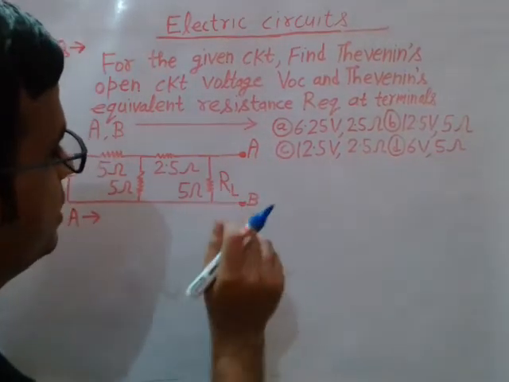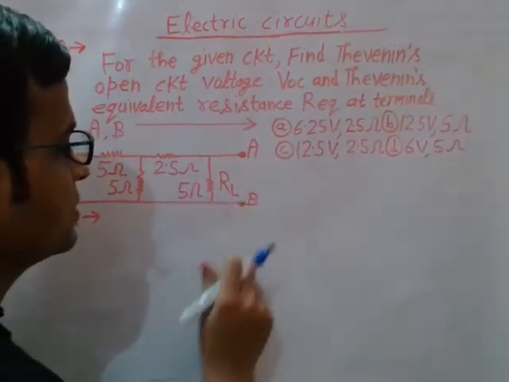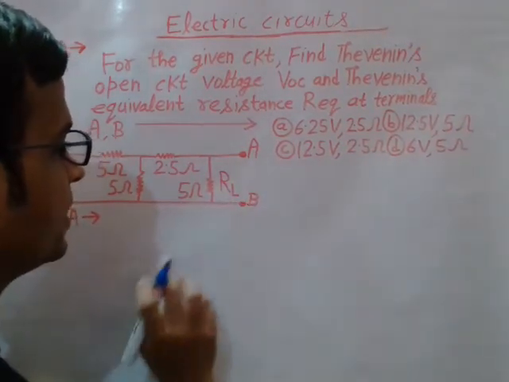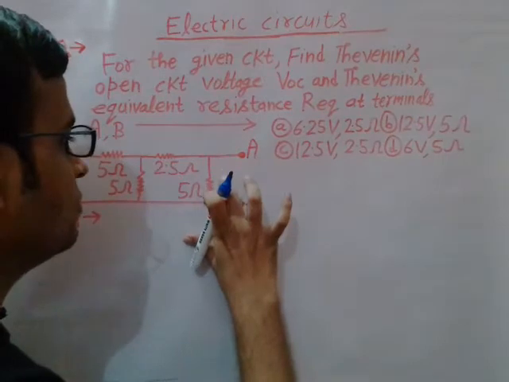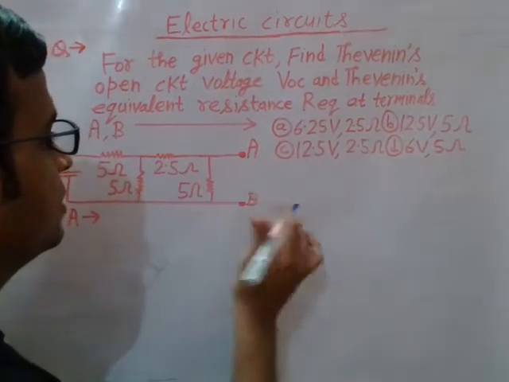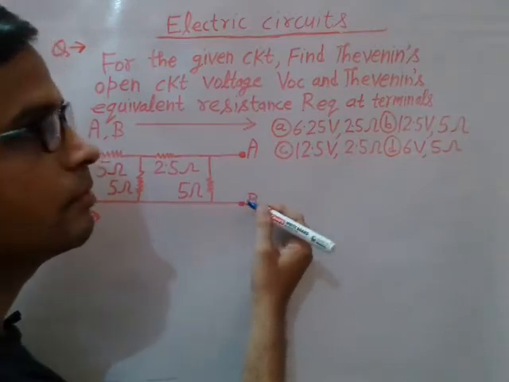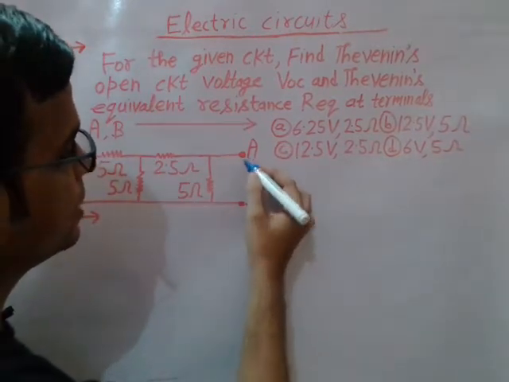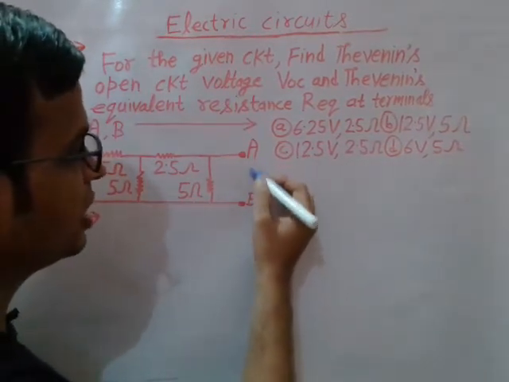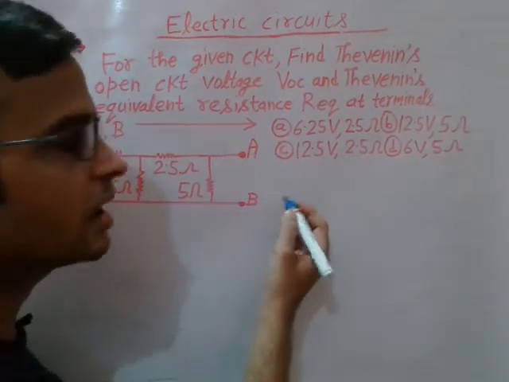Once you remove this load resistance RL, the terminals A and B become open circuit.